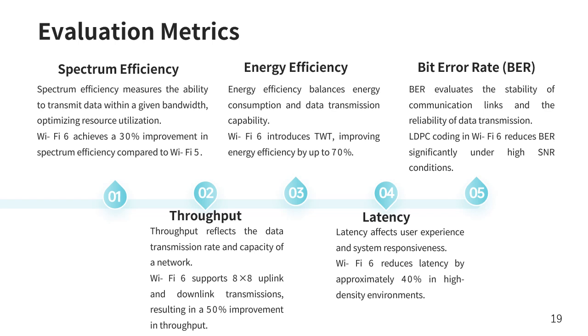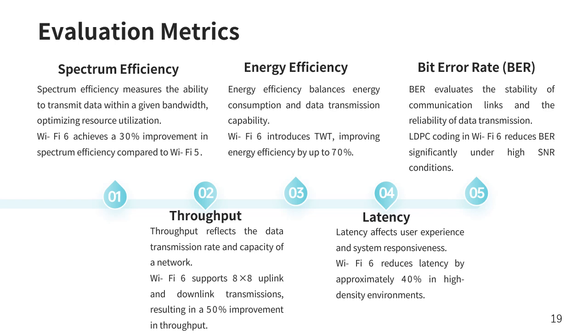And the fourth one is latency. Latency affects real-time responsiveness. By using OFDMA and smarter scheduling, Wi-Fi 6 reduces latency by about 40% in high-density scenarios. And last but not least, the bit error rate.